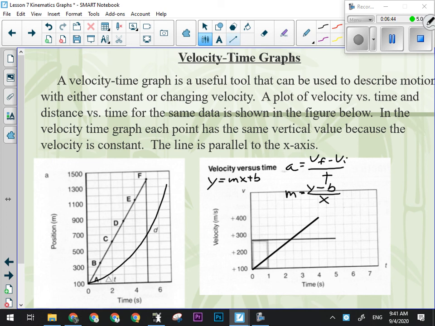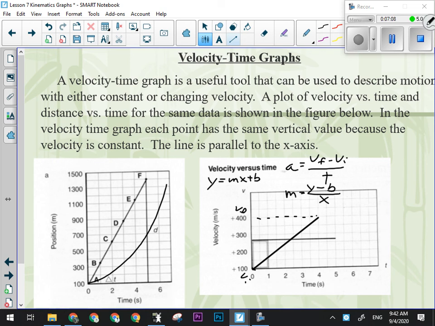Does it look similar? Since this is a velocity versus time graph, y is vf, b is vi, and x is time. That's where that formula comes from. It's the slope of the line on the velocity versus time graph.